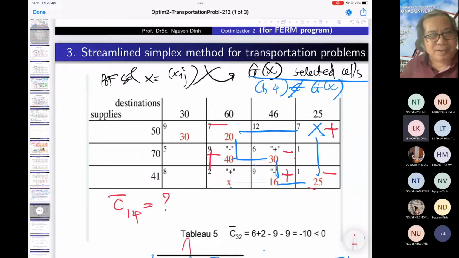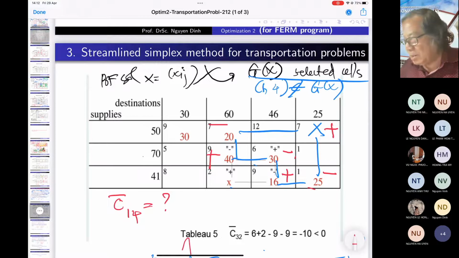Lê Nguyễn Đăng Khoa. You raise up your hand and then your name appears here, so I know your name. I don't have to ask you. Đăng Khoa, what is it? 20. If not correct. Is it 20?